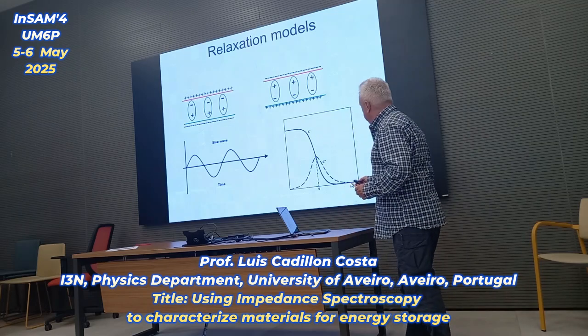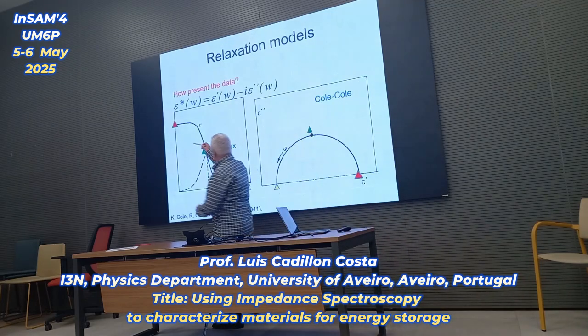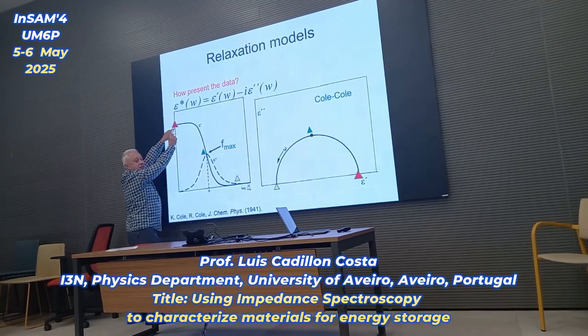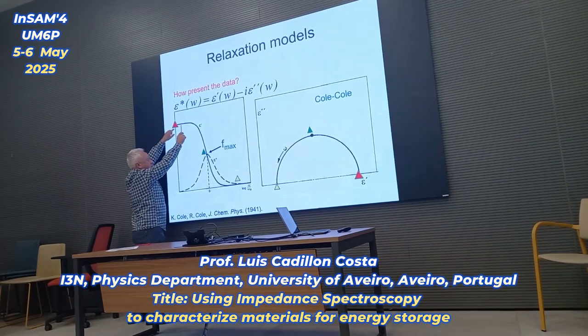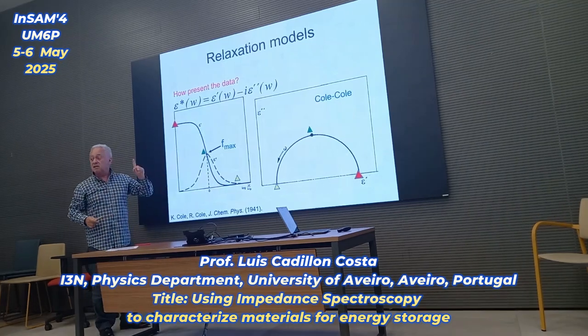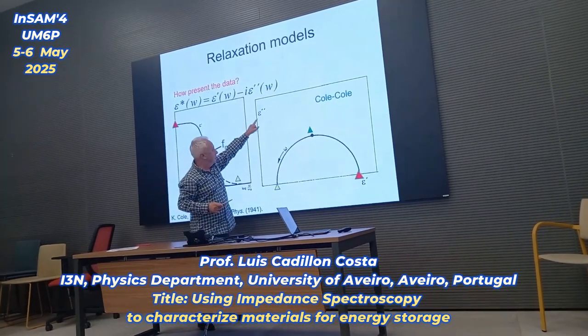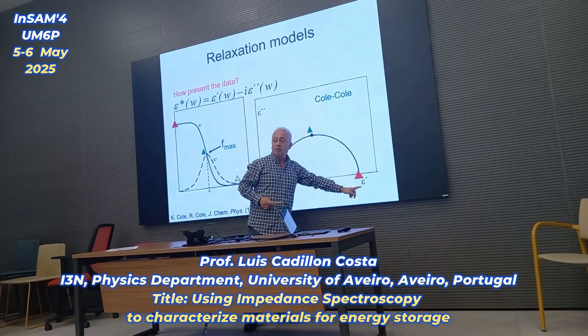What is important is what happens: in the beginning, at low frequency, epsilon prime is very high and decreases, while epsilon double prime increases. So we change the representation, and plot epsilon double prime as a function of epsilon prime.